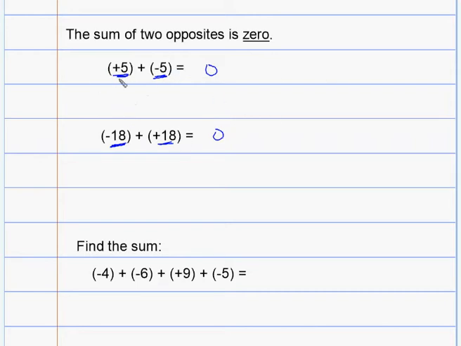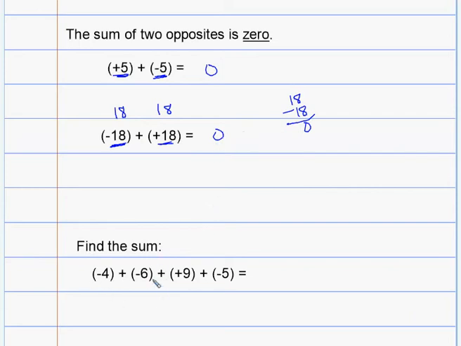If I have opposite values, I subtract them. The absolute value of negative 18 is 18, and the absolute value of positive 18 is 18, and 18 minus 18 is 0, and 0 will not have a sign. You will not write plus 0 or negative 0. It's just 0.